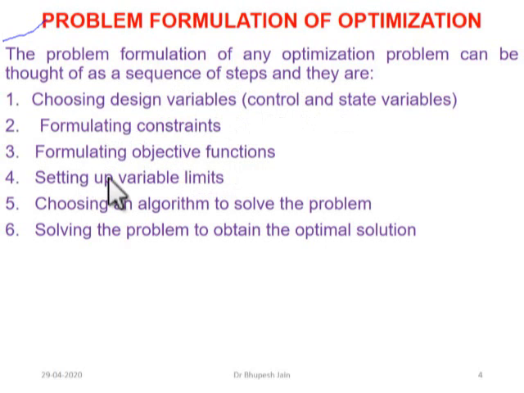Then we formulate the objective function mathematically. What we want to maximize is known as the objective function. Then we set the variable limits, meaning the range each variable can take.